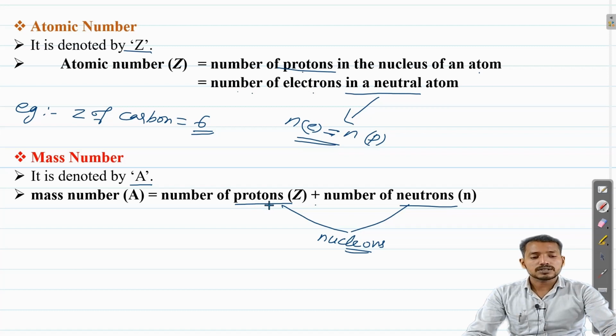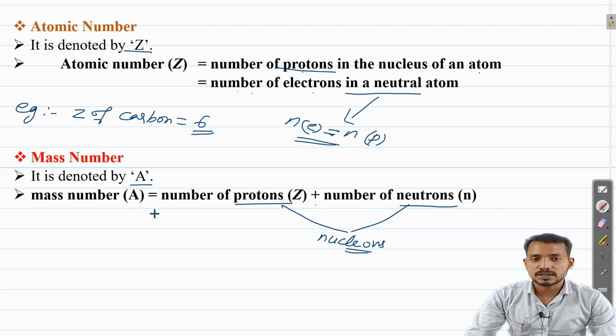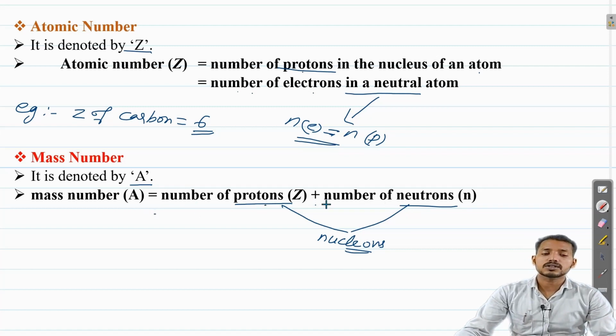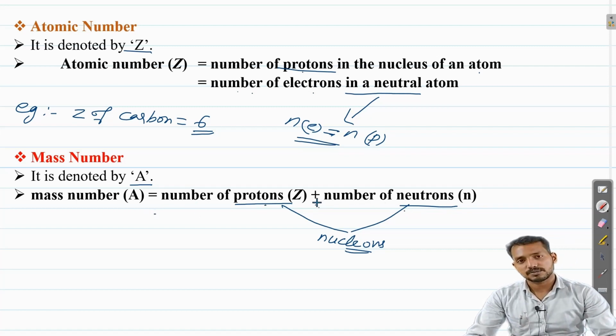Why? Protons and neutrons both are present in the nucleus. Because of this reason, protons as well as neutrons are called nucleons. Clear? So mass number is equal to the number of protons plus the number of neutrons.